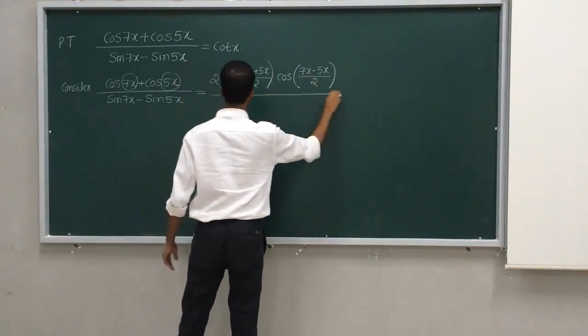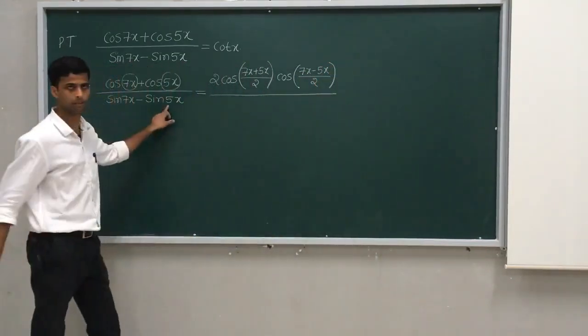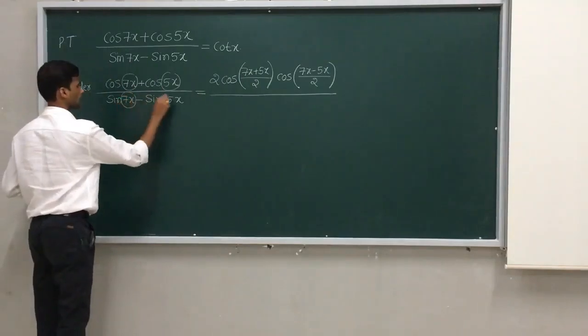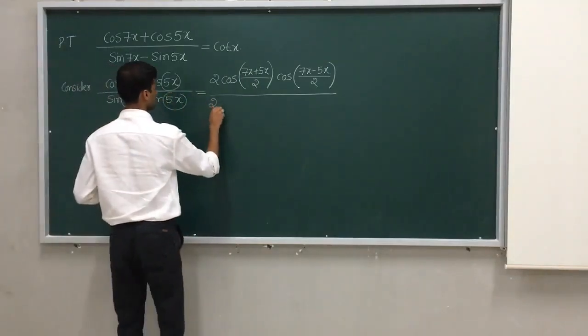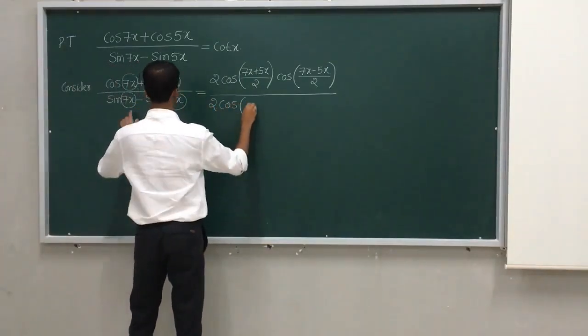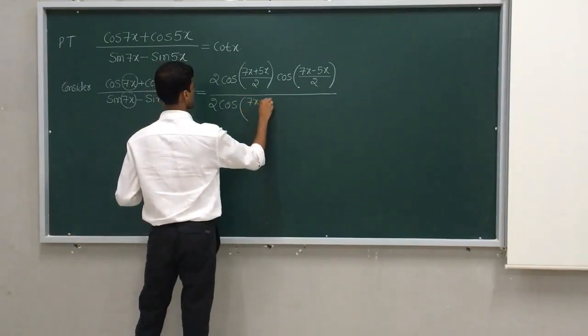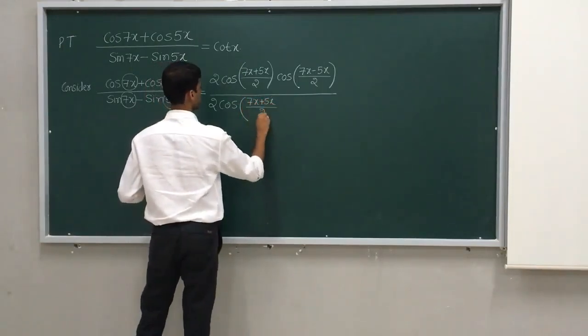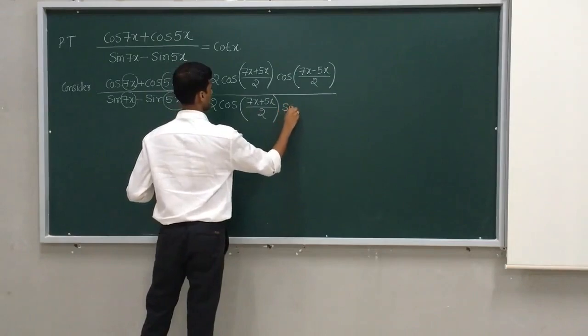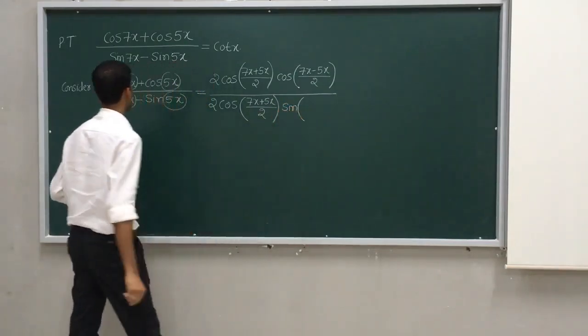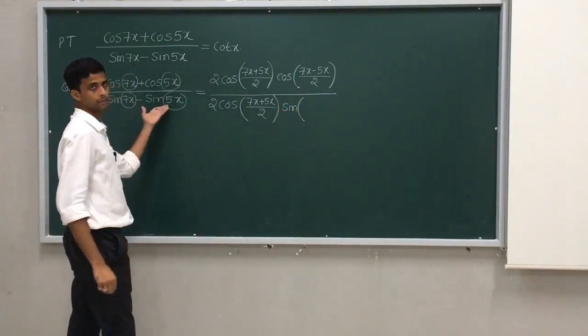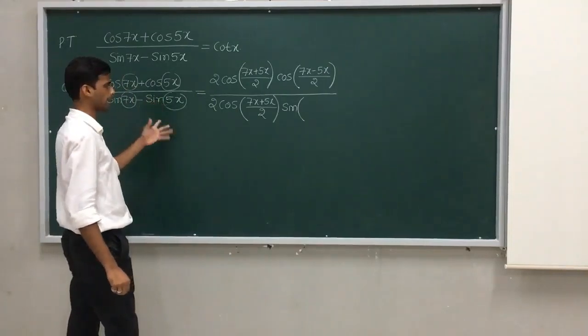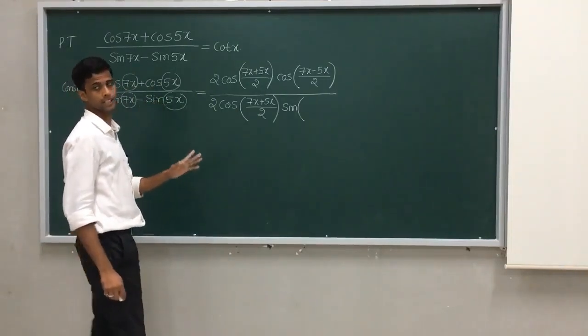Divided by sin x minus sin y. It looks like x, it looks like y. So sin x minus sin y means you need to change a bit.